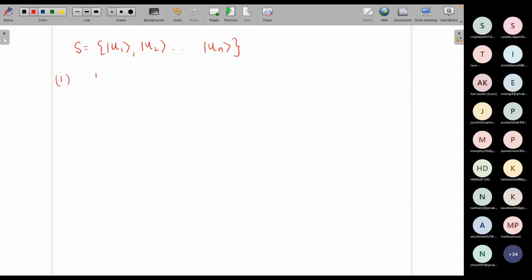If one of the vectors belonging to this set, say u_k, is such that I can write this vector as a linear combination of the other vectors of the same set, so alpha 1 times u1 plus alpha 2 times u2 and so on. Of course, this right hand side does not include this u_k, which is here somewhere. So will the set S be a linearly dependent or a linearly independent set?